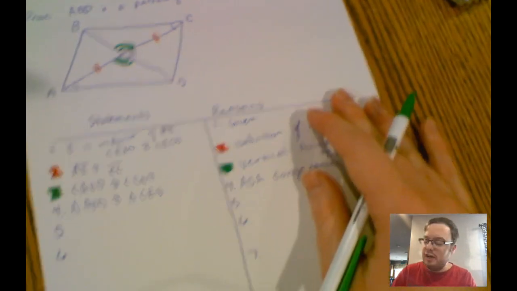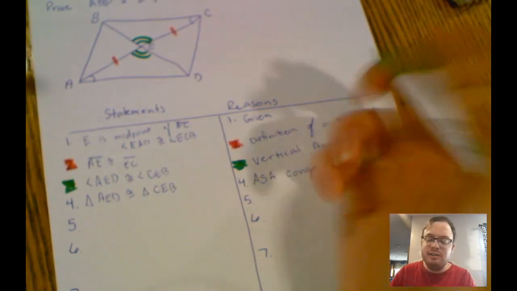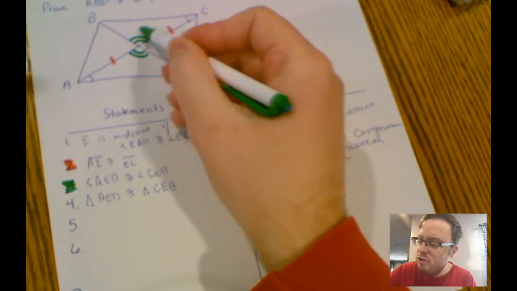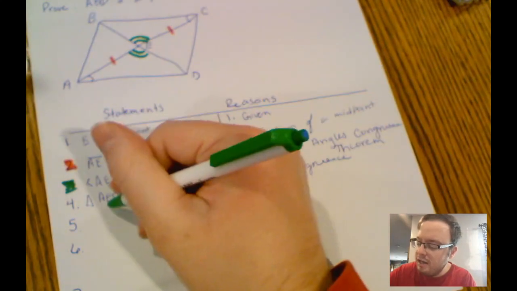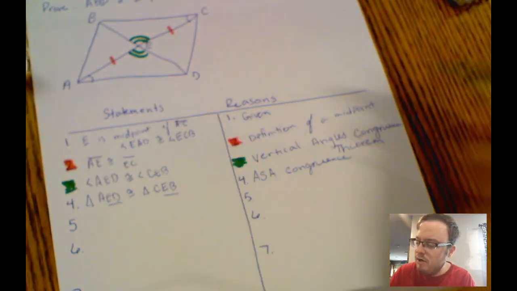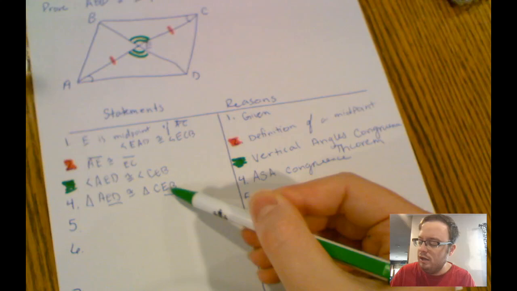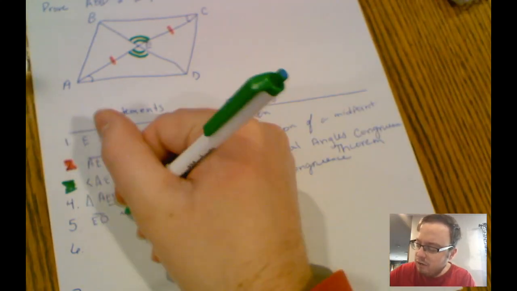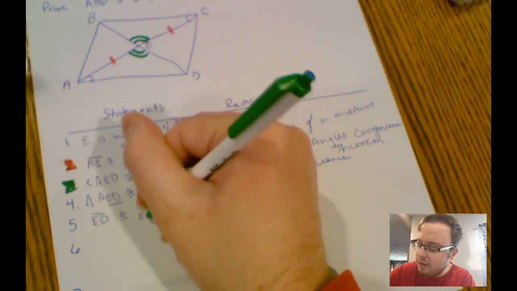And that really helps us because now it's step 5. Now I know that because these two triangles are congruent, ED and EB are congruent. So I'm going to say side length ED is congruent to side length EB.